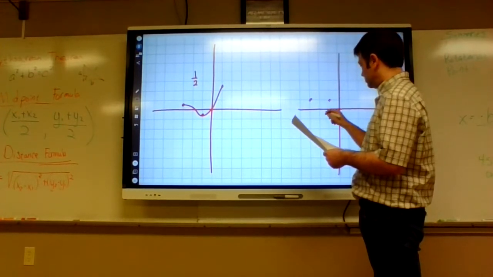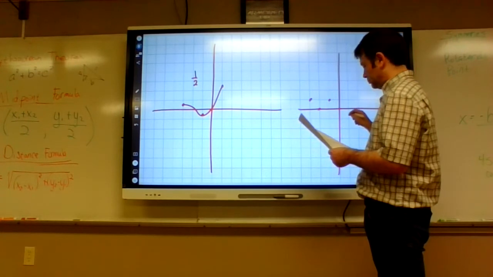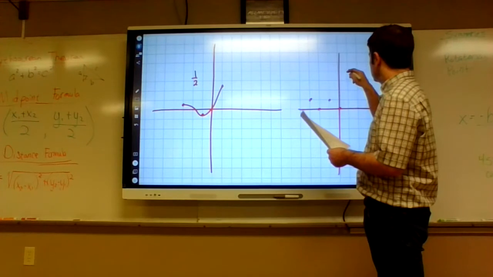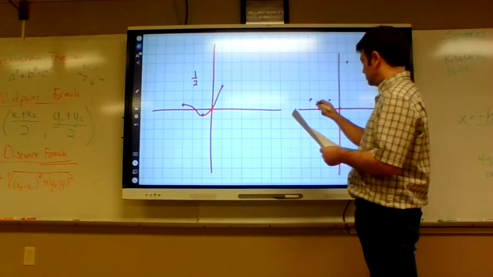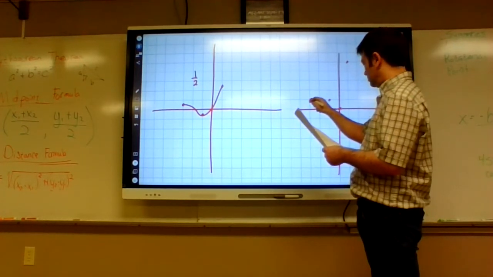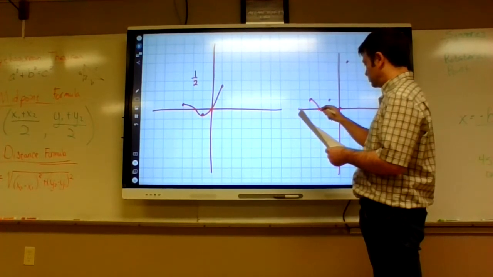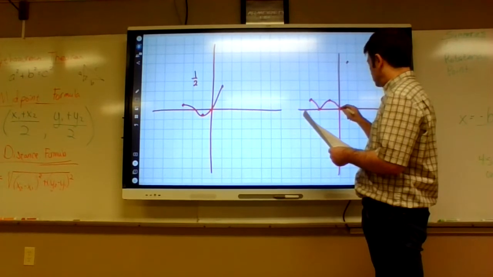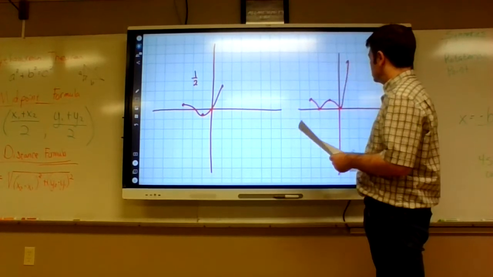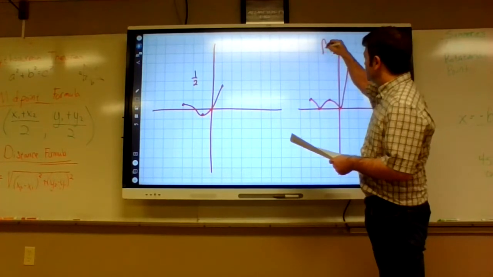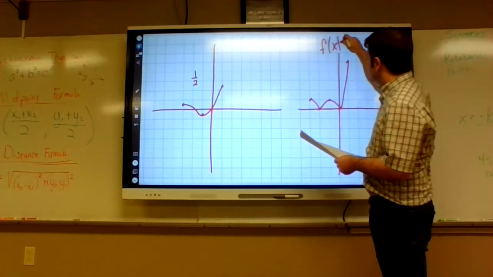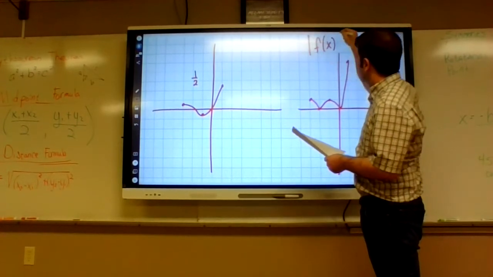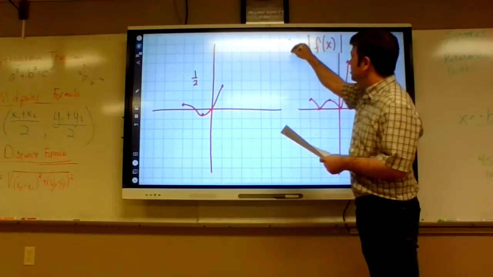The absolute value ones are easy too, because it's just not negative. This is, oops, is that B? Yeah.